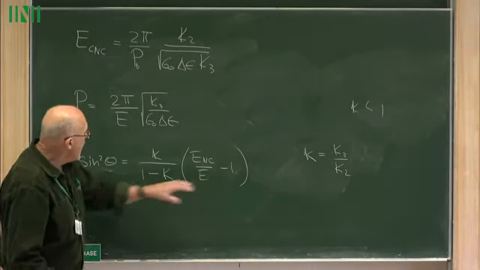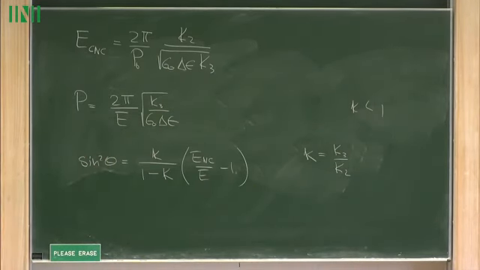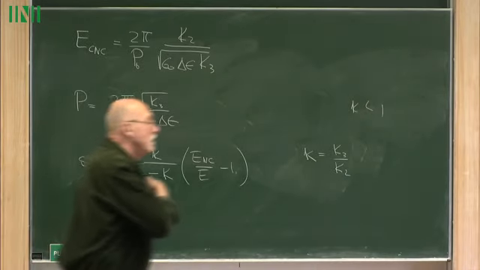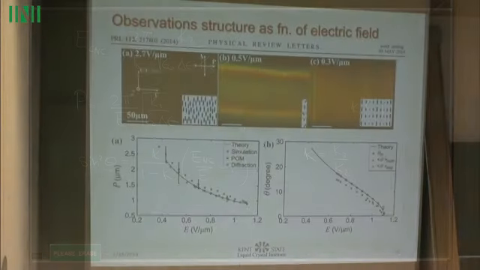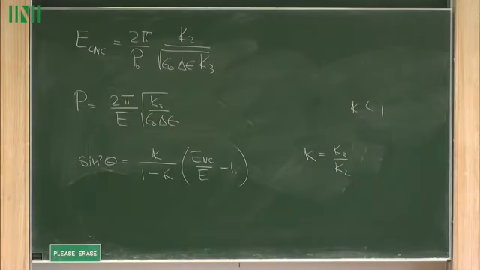And so what you see is that at high fields, the cone angle goes to 0. And these two graphs here show that the pitch indeed decreases with increasing electric field, and the cone angle decreases with increasing electric field according to these results. So I think this is really fundamental work.